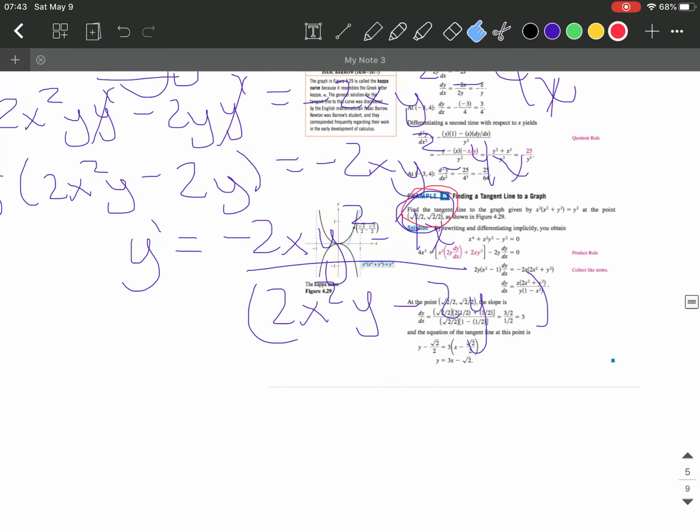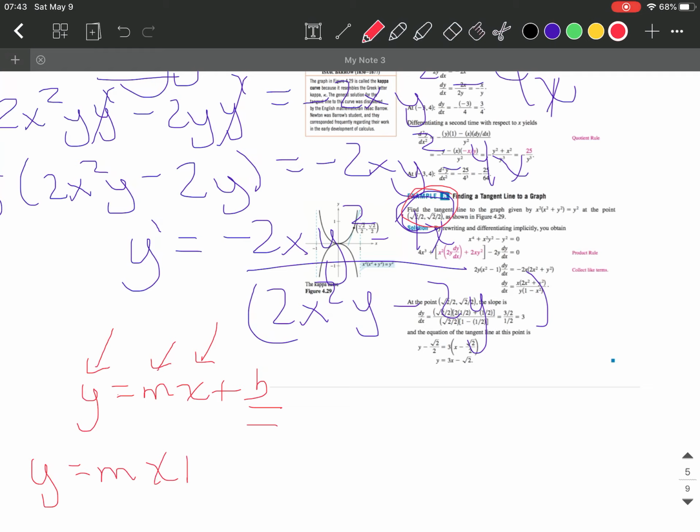Once you have the slope of the tangent line, you're not done, because here they want the equation of the tangent line. So how do you find the equation of a tangent line? You've got two choices. I personally prefer using y equals mx plus b. Plug in your slope for m and your point for x and y, solve for b, and then write the equation y equals mx plus b.